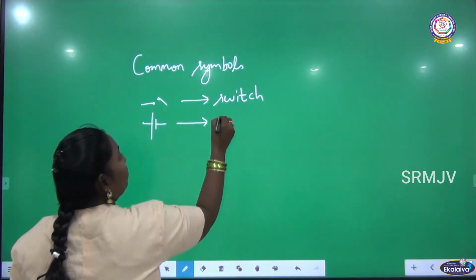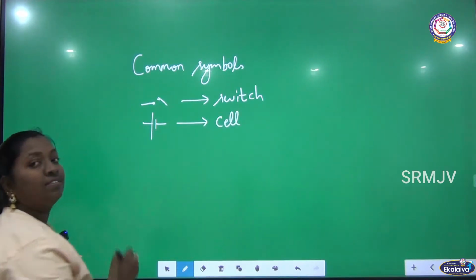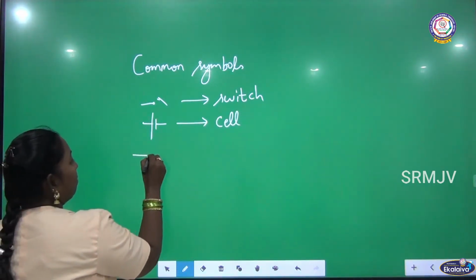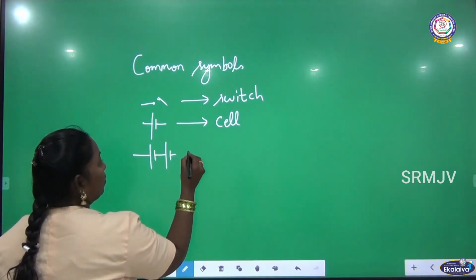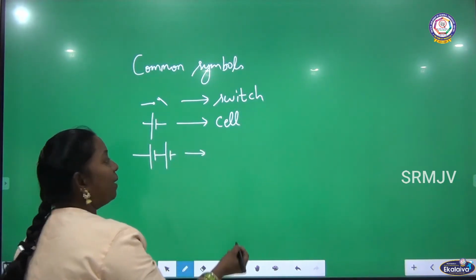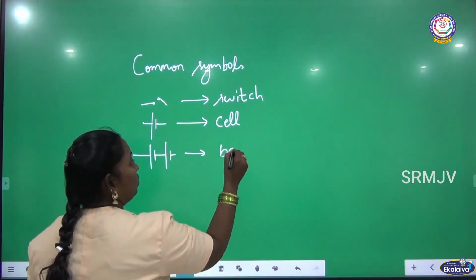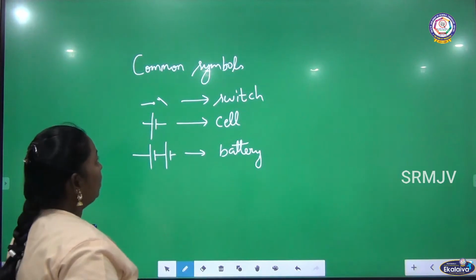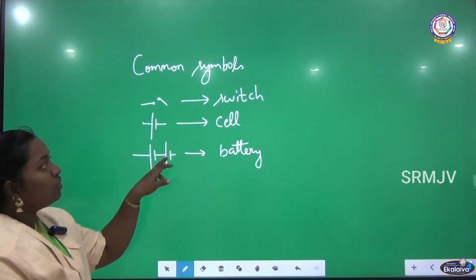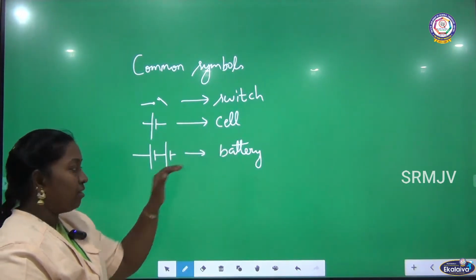This is the symbol of a cell. This is the symbol of a battery. By knowing the symbols, you can know what is switch, cell and battery.